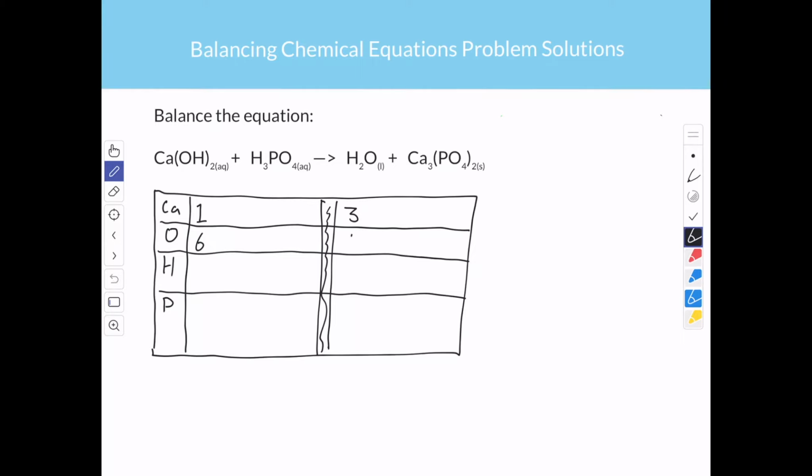Hydrogens, 2 hydrogens, 2 of these groups, plus 3. Oh, that's 5. Hold on. Yeah, it's 5. We're not multiplying. 2 hydrogens plus the 3. That's 5.